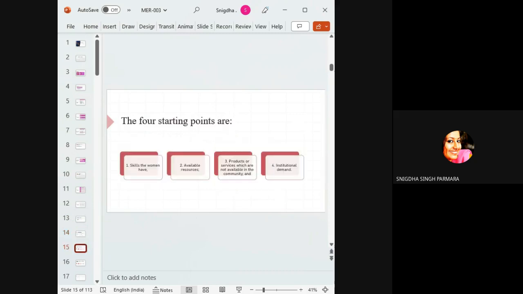There are four starting points for a brainstorming session, which is the skills. What skills? Here basically you are helping the women to list the skills which they possess. Women have been made the center of brainstorming sessions here, and they are the ones who are being given importance or privilege, or the stage, they are offered the stage, so that they could come out from their shells, so that they could list the skills that they possess.